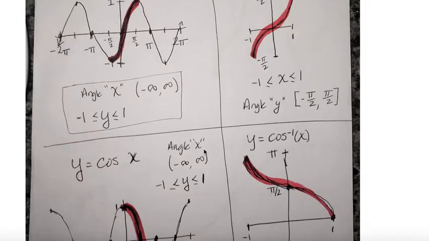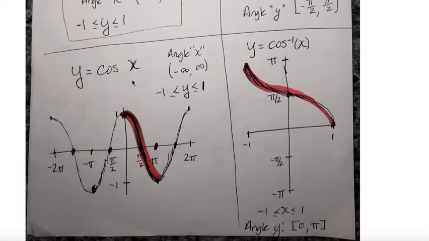We can't use the same restriction for the cosine function because negative pi over 2 to pi over 2 is this piece right here, and that's still not a one-to-one function. It doesn't pass the horizontal line test. However, if I move it over a little bit and go from 0 to pi, or 0 to 180 degrees, this little piece does pass the horizontal line test.